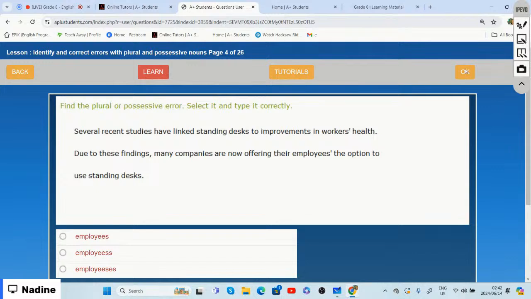Several recent studies have linked standing desks to improvements in workers' health. Due to these findings, many companies are now offering the employees the option to use standing desks.